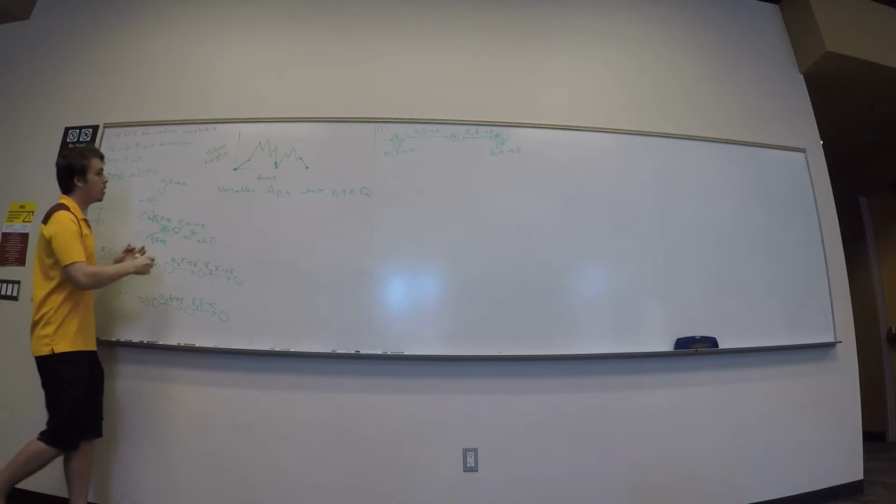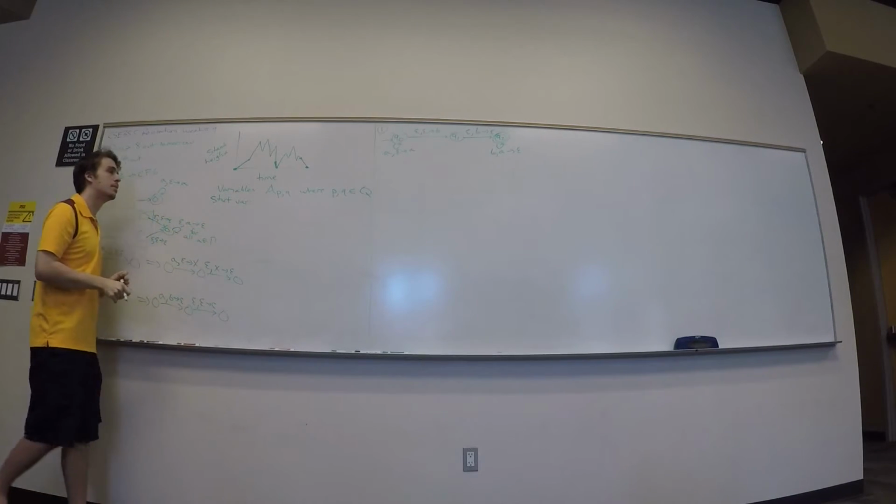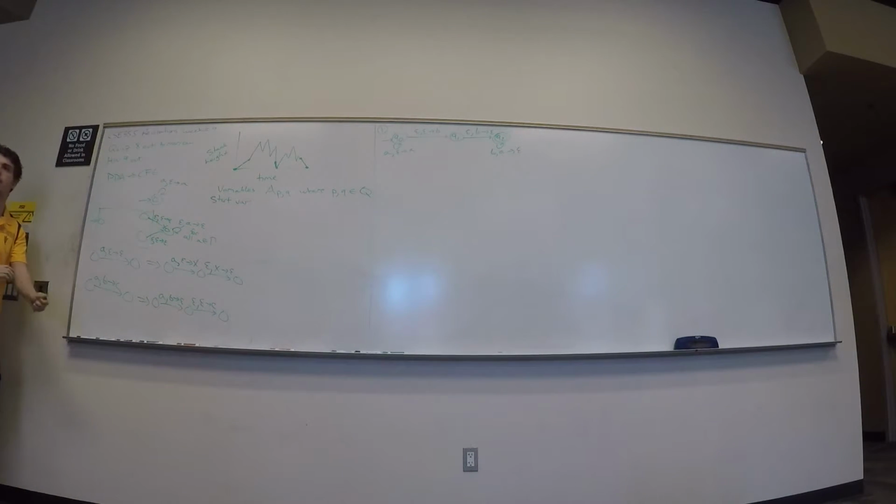Okay, well, an easy one is, what is the start variable? Well, the start variable is the variable that's going to generate all the strings in the grammar's language. So which variable should I pick here?